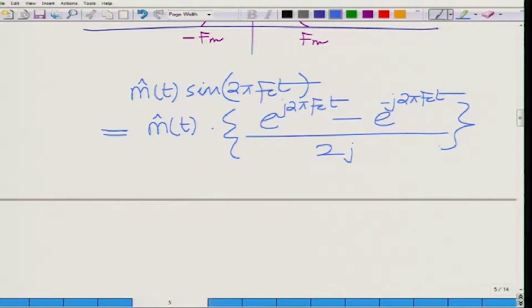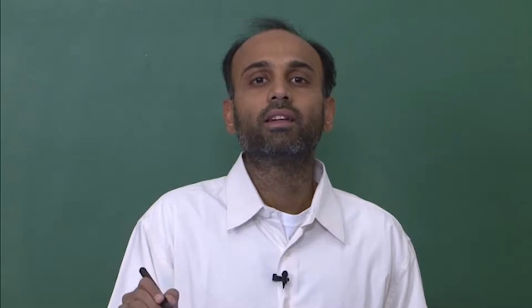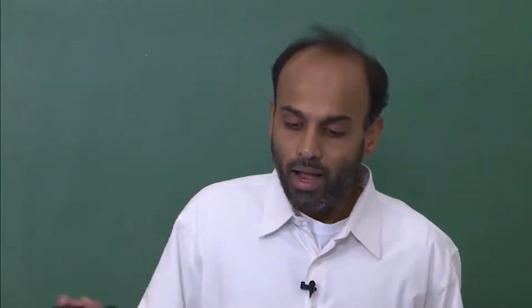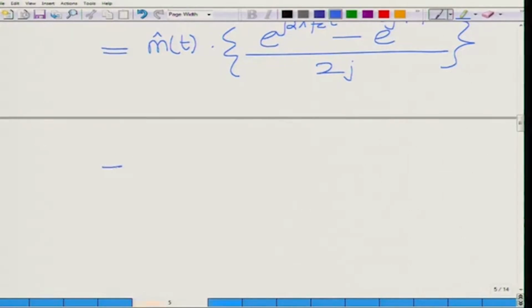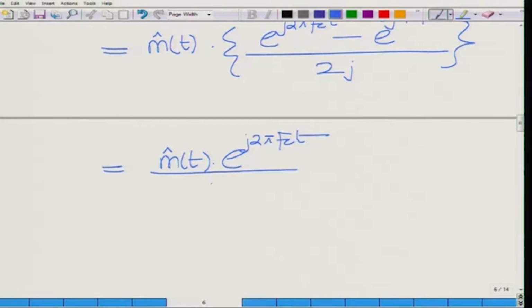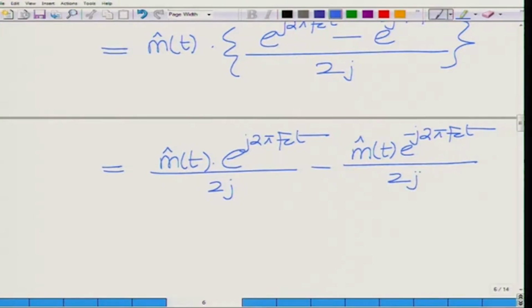I can equivalently write sine 2 pi f_c t as e to the power of j 2 pi f_c t minus e to the power of minus j 2 pi f_c t divided by 2j, and therefore, separating this, this is m hat(t) e to the power of j 2 pi f_c t by 2j, minus m hat(t) e to the power of minus j 2 pi f_c t divided by 2j.